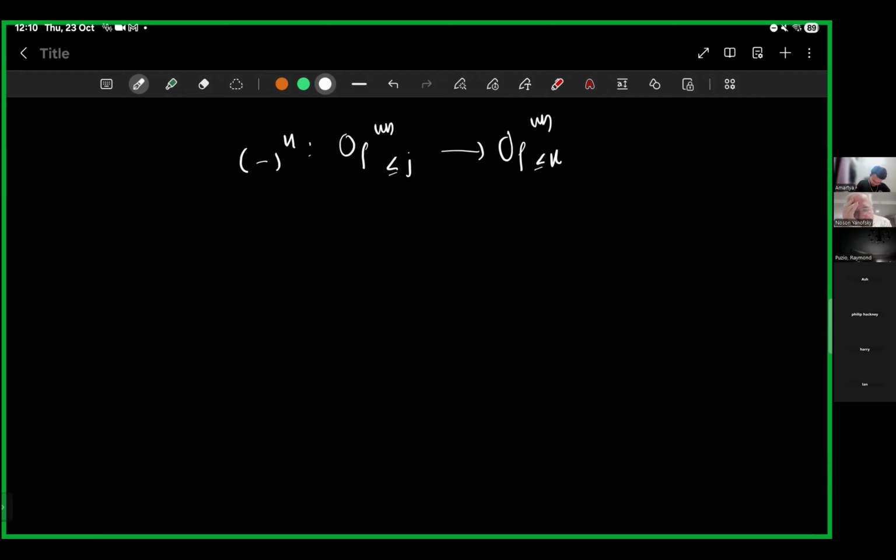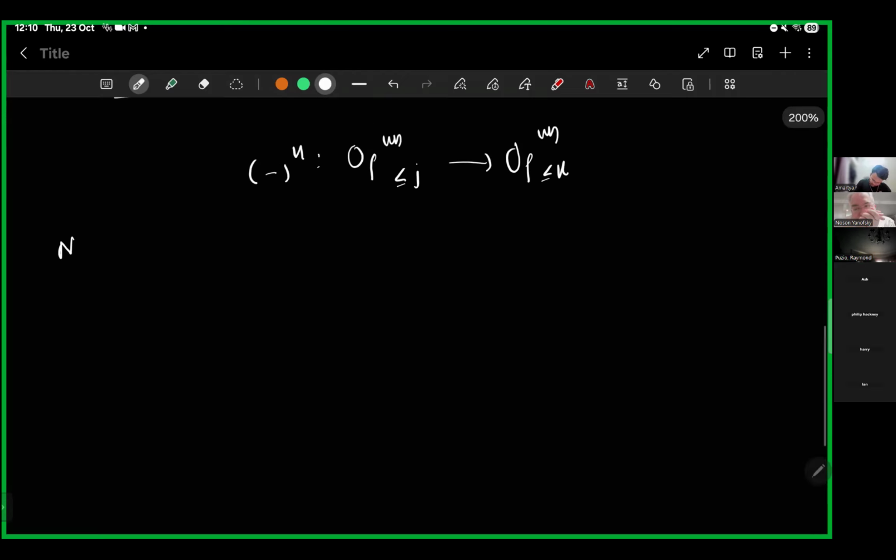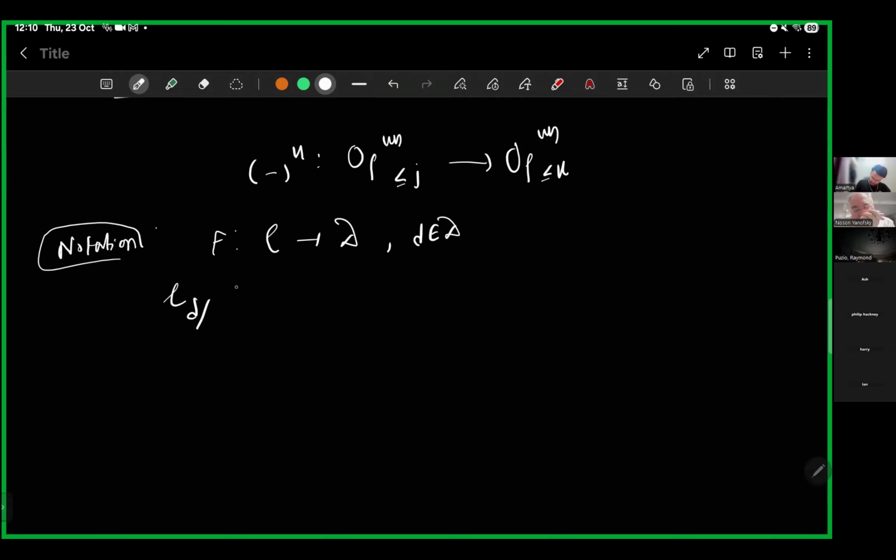Some notation: you start with a functor between infinity categories and d in T. Then C_{T/d} denotes the fiber product, which is like the under category.